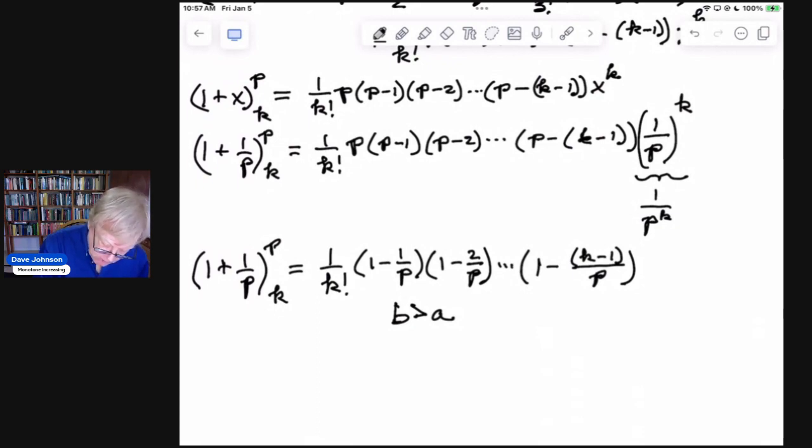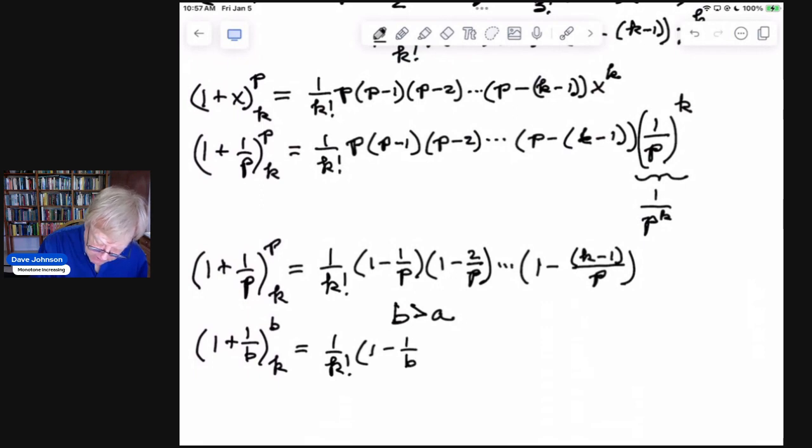So we get 1 plus 1 over b raised to the b, the kth term. So that's 1 over k factorial. And we're getting better at writing this, right? 1 minus 1 over b times 1 minus 2 over b, dot, dot, dot, times 1 minus k minus 1 over b.